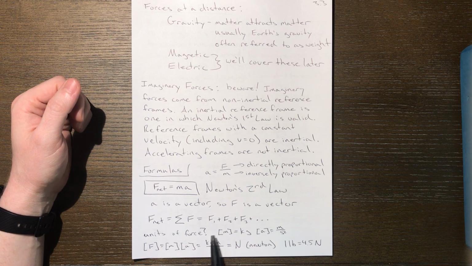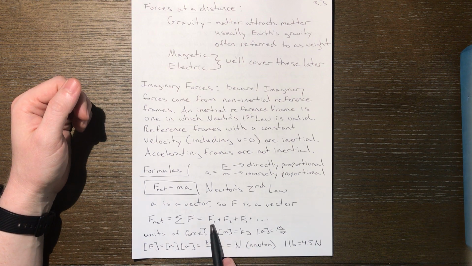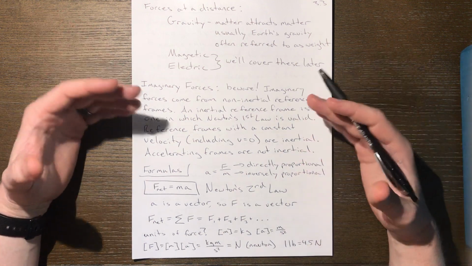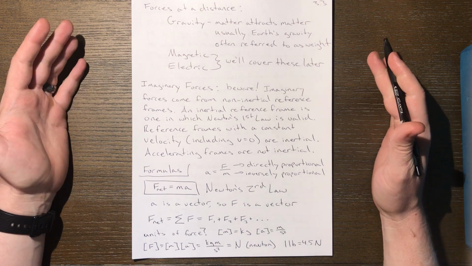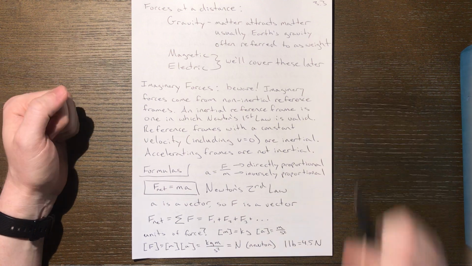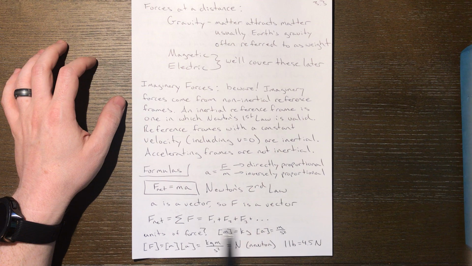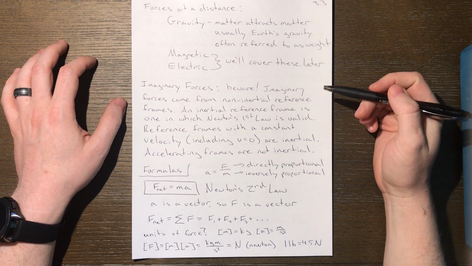So F net is really just all of the forces added together. F1 plus F2 plus F3 plus whatever else is in the problem. There might be no forces, there might be millions of forces. We're not going to deal with millions of forces in any problems that we study. Maybe 3 or 4 in the most complicated situations. But nonetheless, however many forces there are, you simply add them all together, and that gives you your net force.